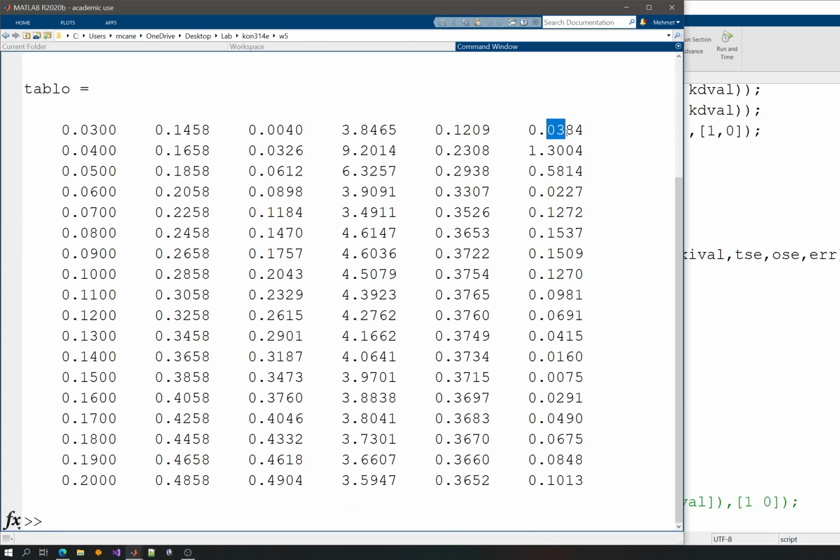So 3% error, 130% error, etc. Now 12% error or 2.27% error. This will give me that, and you can see that.